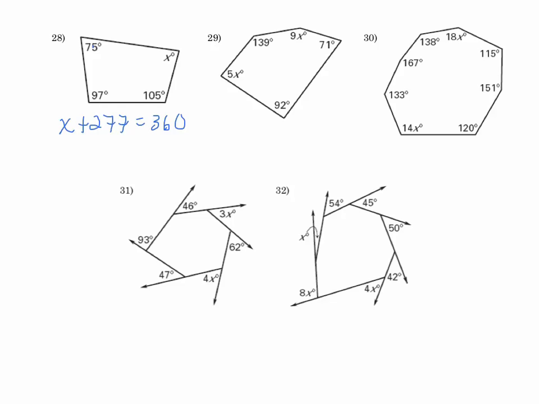In the second picture, we have 1, 2, 3, 4, 5 different angles. So this is a pentagon, and we know that the sum of the angles in a pentagon must be 540 degrees. So that 540 must equal all 5 of these angles. And I have 2 expressions involving x, so that's 14x.